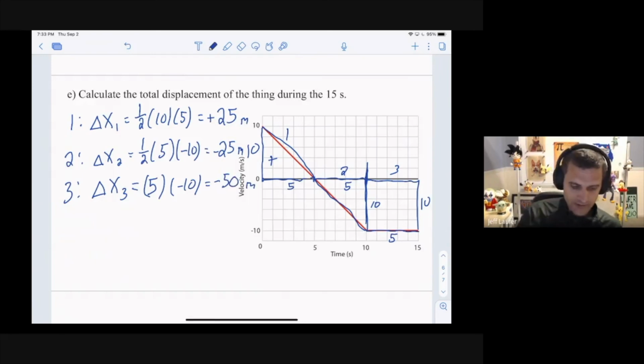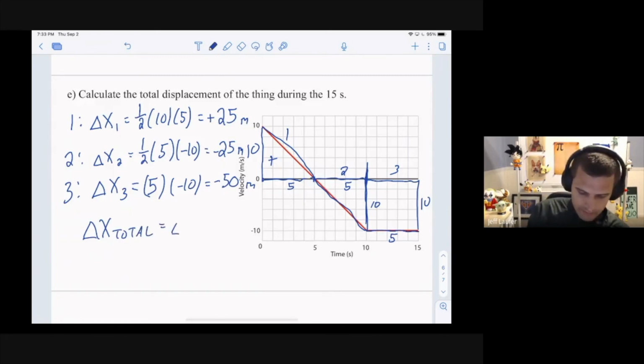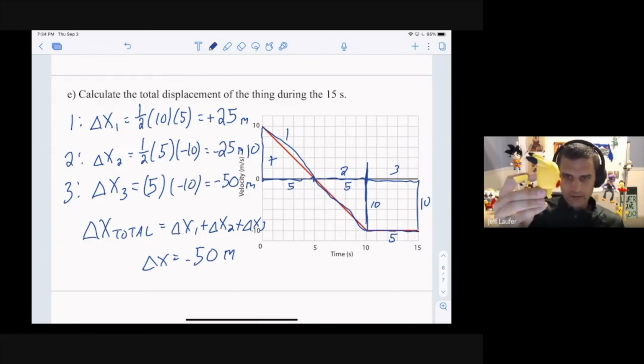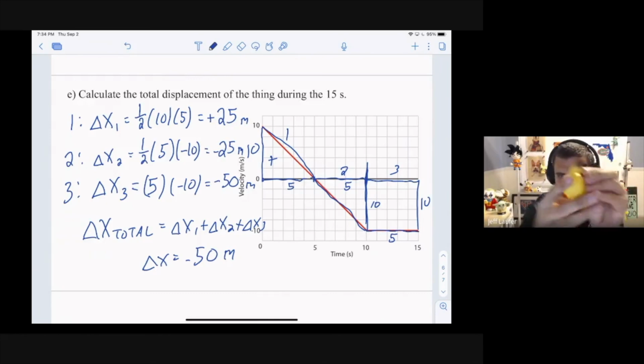So to find the total displacement, I just add up the 3. And that's going to be negative 50, which means what the object did: it started here, went over here a little bit, turned around, came back, and then went in the negative direction.